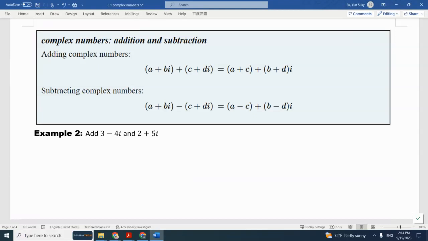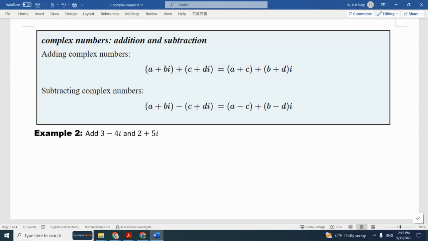Yeah, exactly. It's just like x. You call it i, it works the same. Exactly. Right?